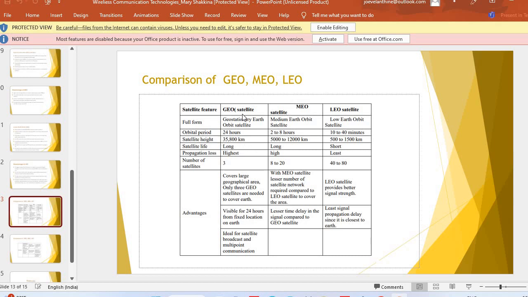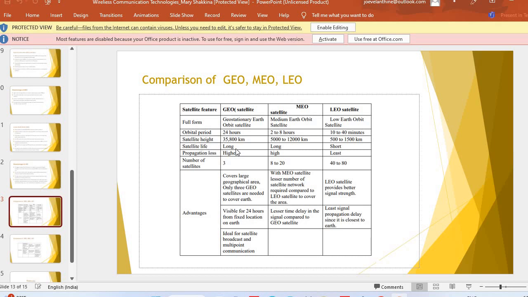The full form of GEO is Geostationary Earth Orbit Satellite. Full form of MEO is Medium Earth Orbit Satellite. Full form of LEO is Low Earth Orbit Satellite. So the orbital period is 24 hours, 2 to 8 hours, 10 to 40 minutes. The height is 35,800 km, 5,000 to 12,000 km, 500 to 1,500 km.